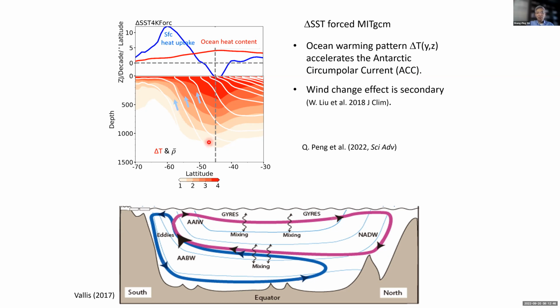The white lines represent the mean isopycnals in the current climate, and this is a zonal mean transect of latitude in the Southern Ocean and the depths of the top 1,500 meters. You can see the sloping isopycnals indicate there's a sloping upwelling out of the Southern Ocean from the deep overturning circulation.